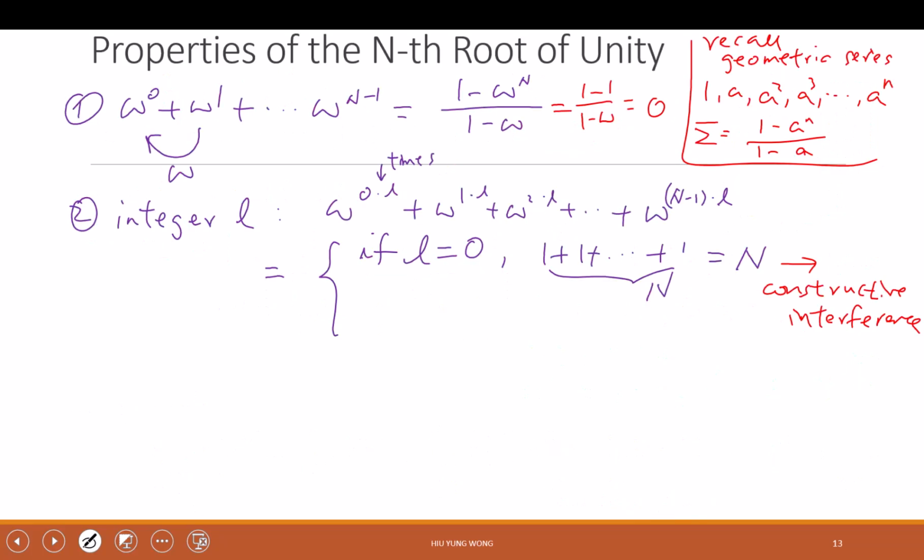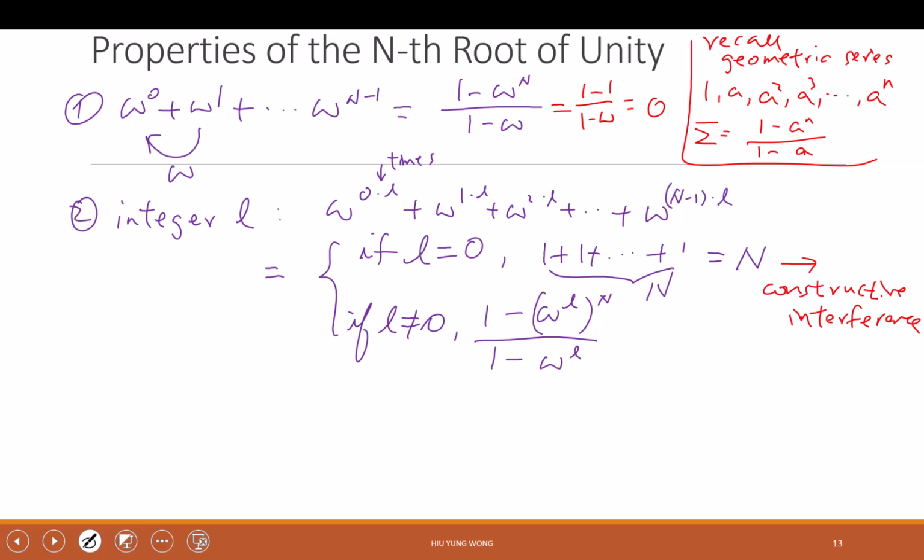And then the other one, if L is not equal to 0, that is what you just said. Why? Because now the sum becomes the first term, which is 1, minus the ratio of the terms. The ratio of the terms is omega to the power L instead of omega, and then the whole thing to the power n, divided by 1 minus the ratio.